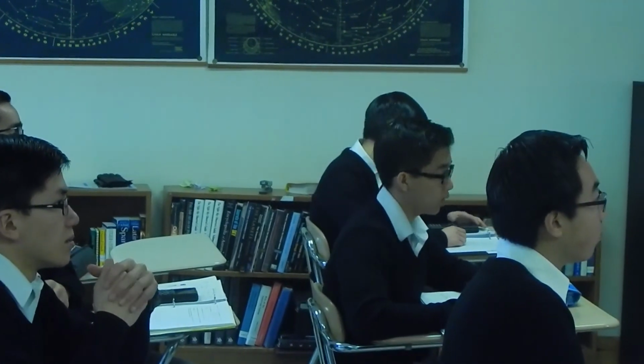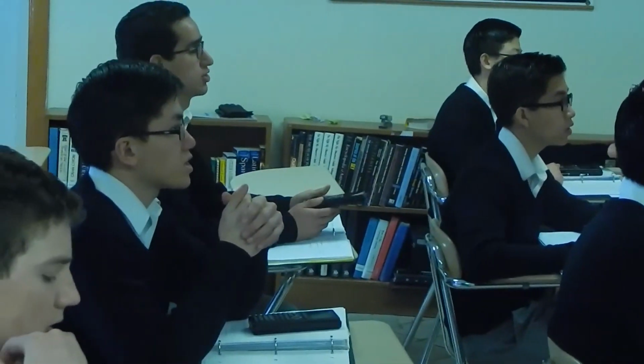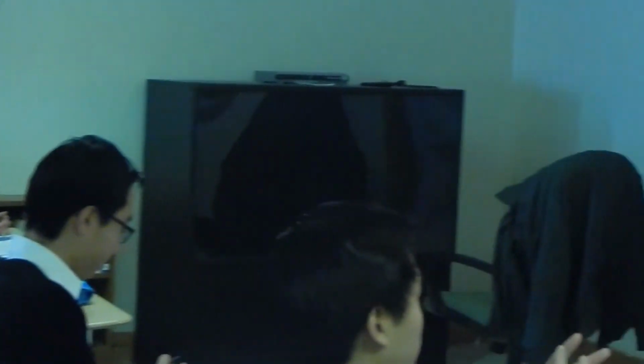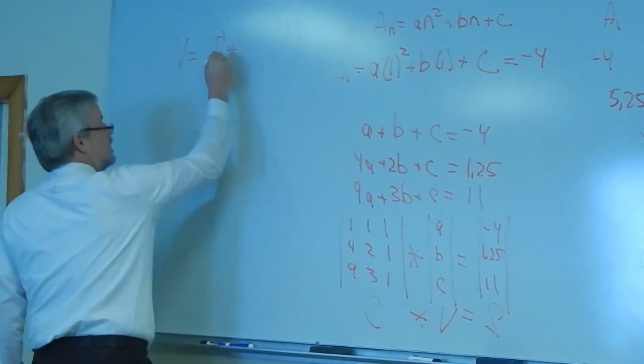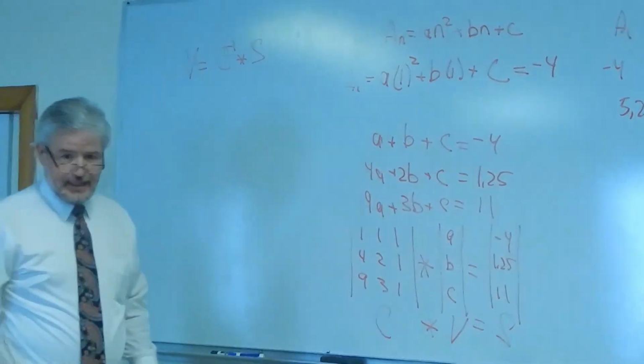Again, the variable matrix equals the inverse of the coefficient matrix times the solution matrix. So this V matrix is going to be equal to C inverse times S. Right?